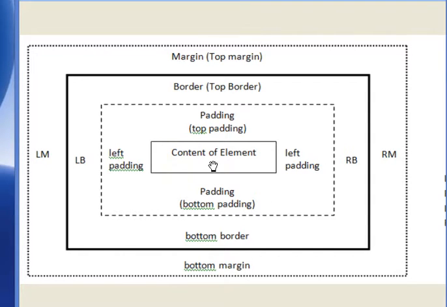Basically we can say the content is the area containing the real content of the element, right? It has the background color and image. The content can be any HTML content.